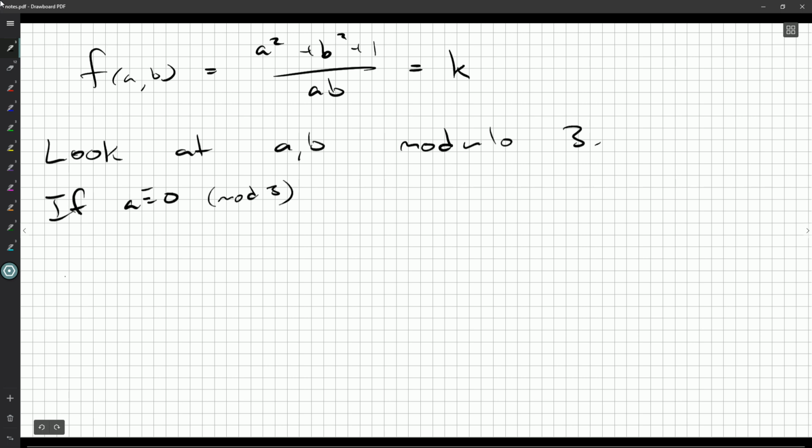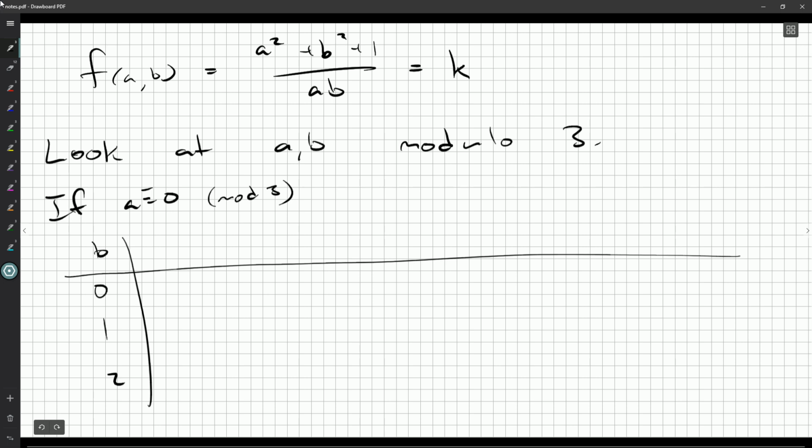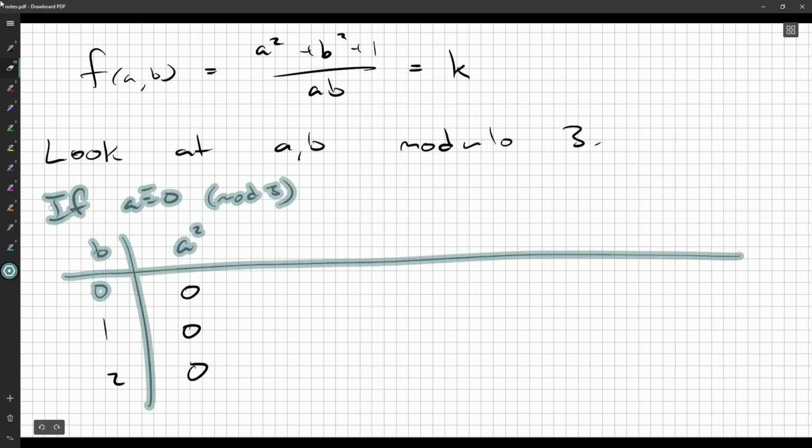Let's make a nice little sort of chart. So we'll say b is congruent to 0, 1, or 2. A squared is congruent to 0. Actually, I think we could instead make a big chart on the next page.